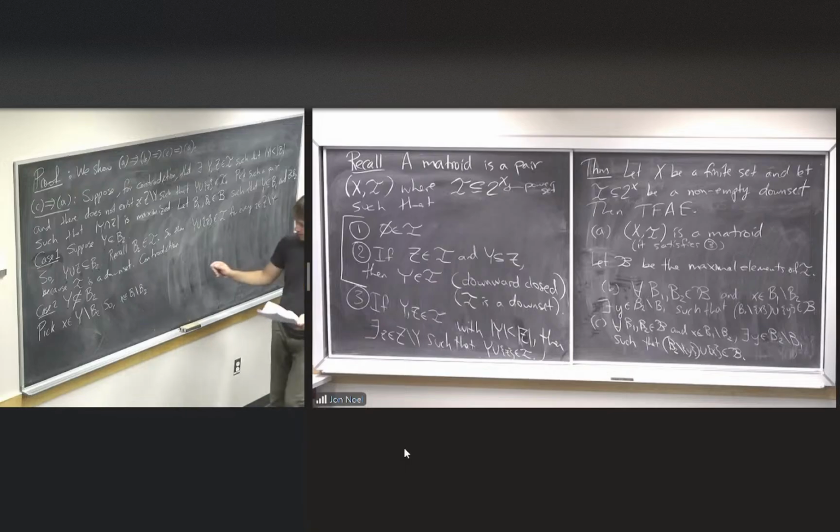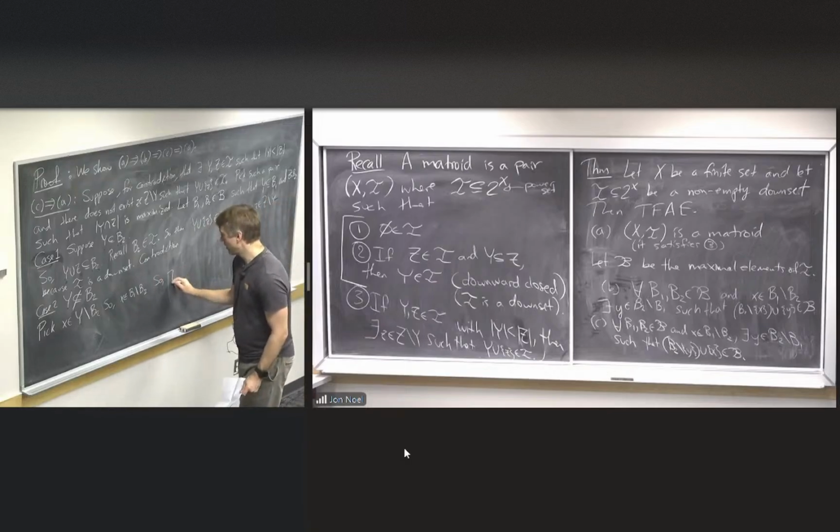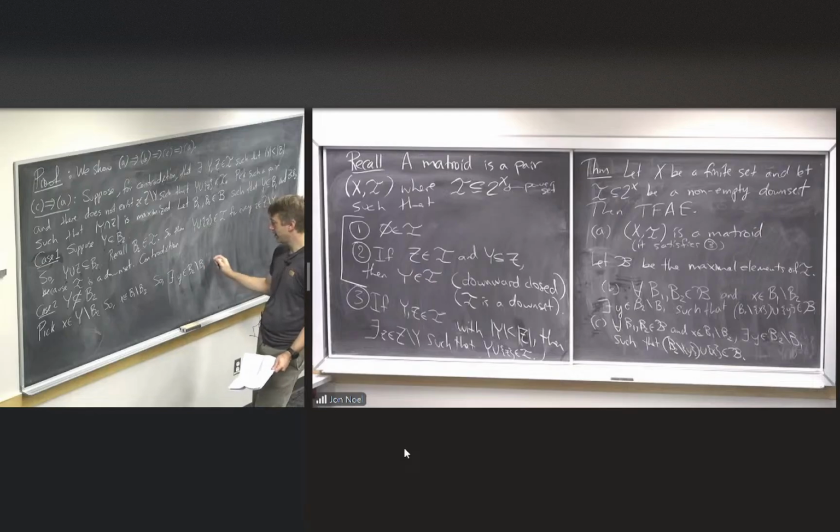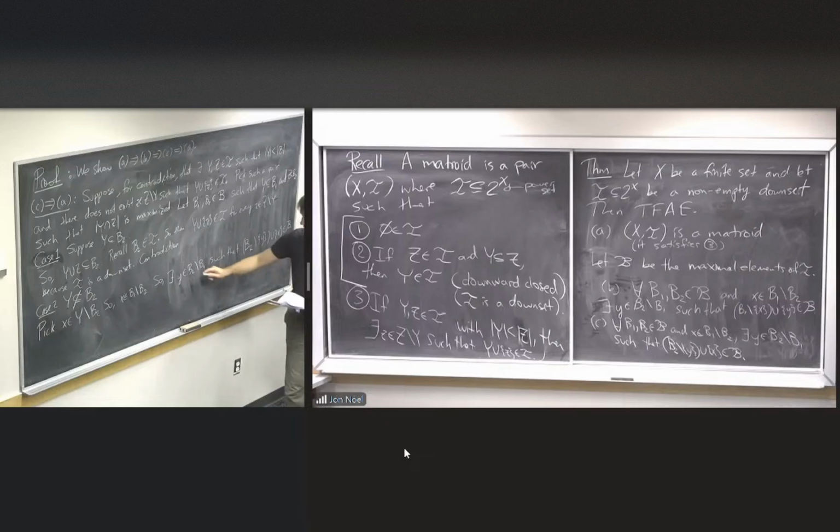So there exists some y in B2 take away B1, such that if I take B2, delete y, and union x, it's in B. This is by property C, the thing that we're assuming.